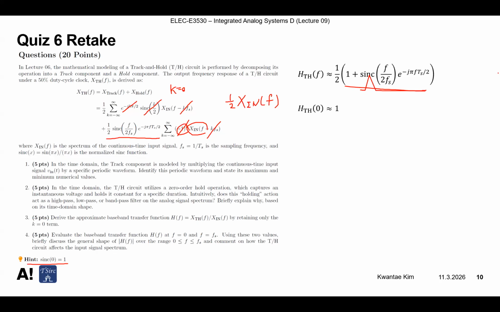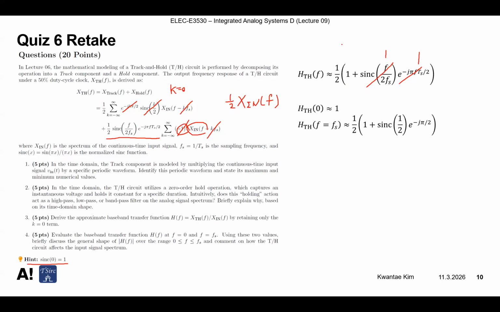So for f equal to 0, which means a DC response, this goes to 1 here, and this also goes to 1. That means half times 2, which goes to 1.